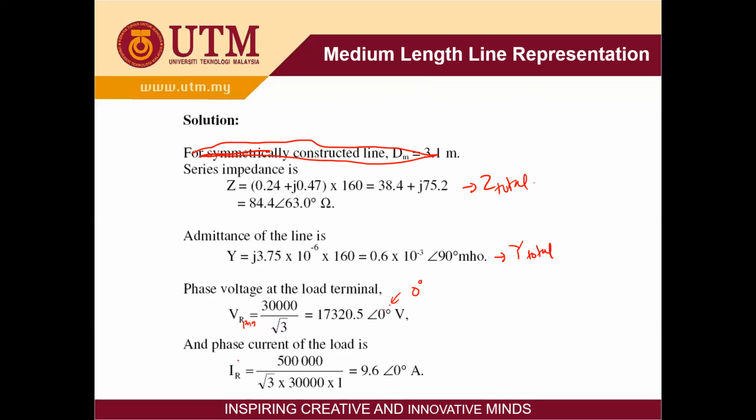And the phase current, we can always refer to the power over square root 3 multiplied by the V line, and then the power factor is unity. Since the power factor is unity, the angle is actually 0, meaning that the voltage and current at the receiving end are in phase.